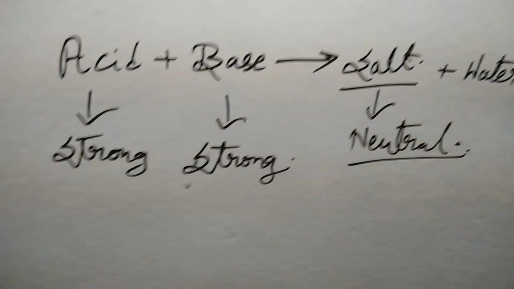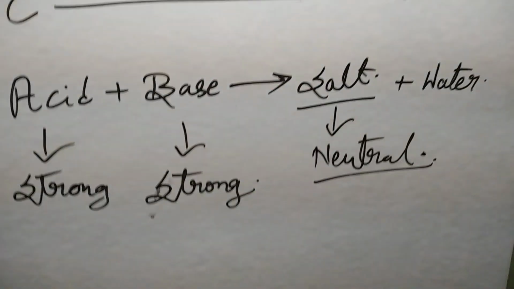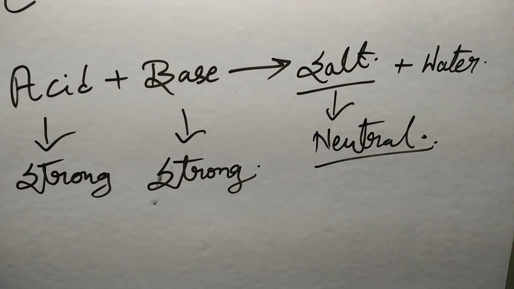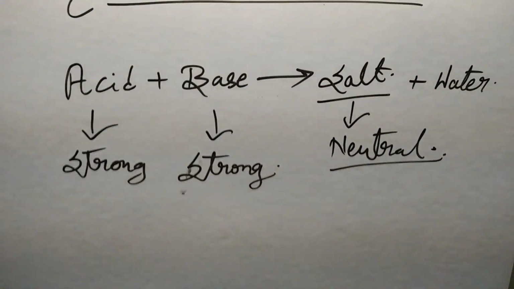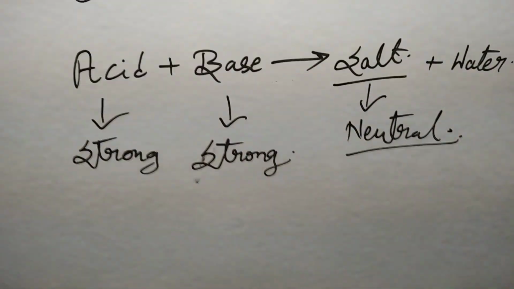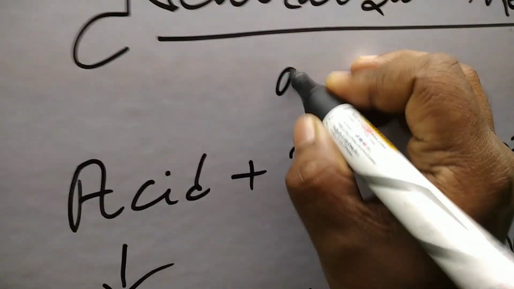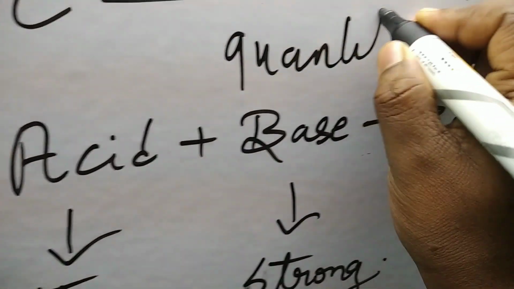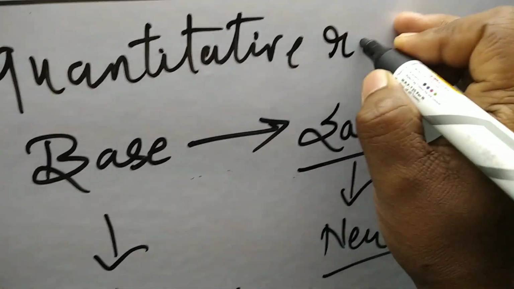When strong acid reacts with strong base, a neutral salt is forming. No acidic salt, no basic salt. So this reaction is also termed as a quantitative reaction. Means neutralization reaction is a quantitative reaction.